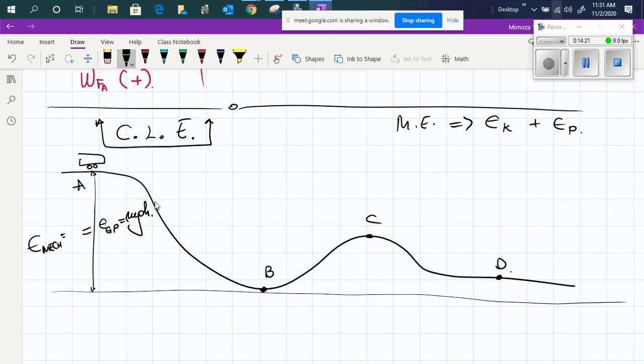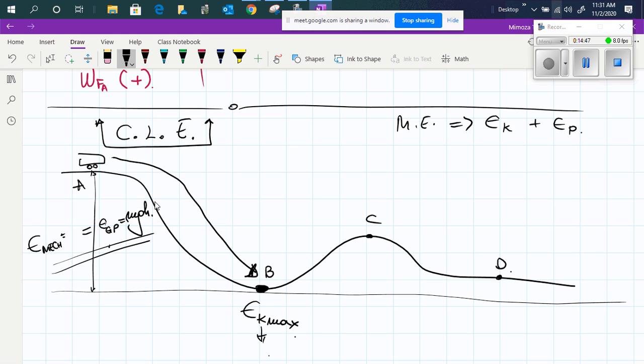Since the object is not having any kinetic energy here, the only mechanical energy that the object is possessing here is gravitational potential energy. This gravitational potential energy is the maximum energy, and at point B it is transformed into kinetic energy, which will be the maximum kinetic energy.